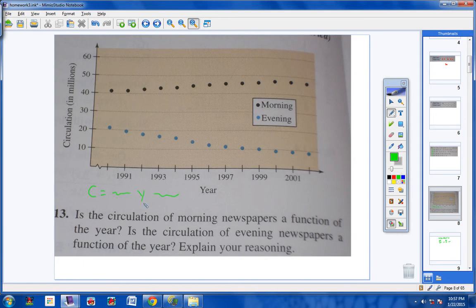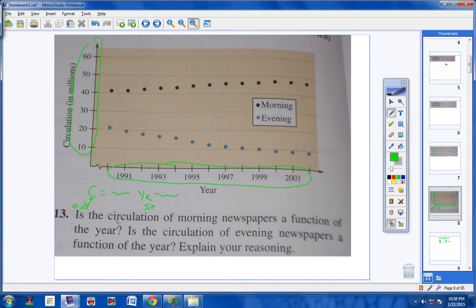Well, let's see. The year would be your input, and circulation is this right here. This is your output. Now, let's see if each one of these numbers gives you one output.